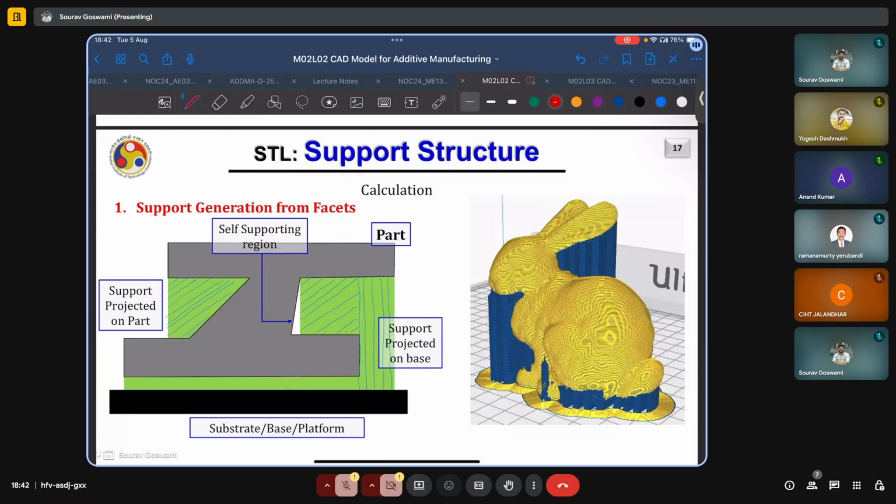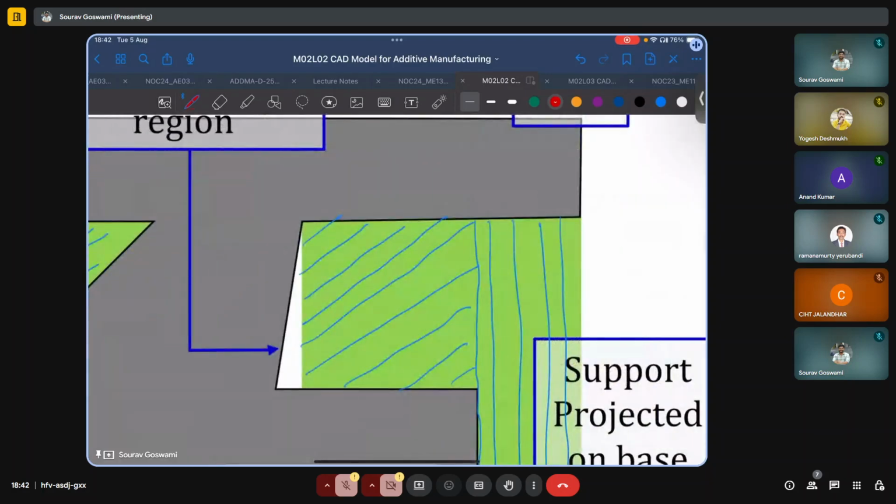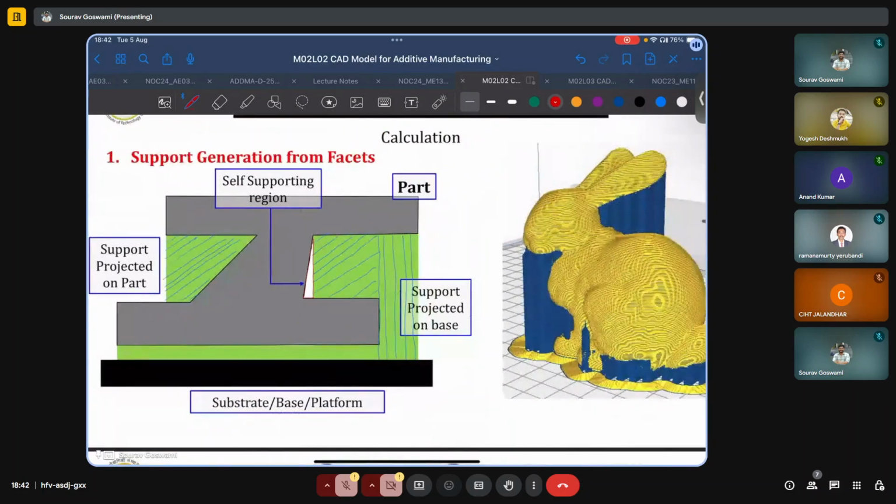But also, very interestingly, we have a region where despite having overhang, there is no support structure. And the reason for this is that even though the facet normal is pointing downwards, it is still less than the critical angle.